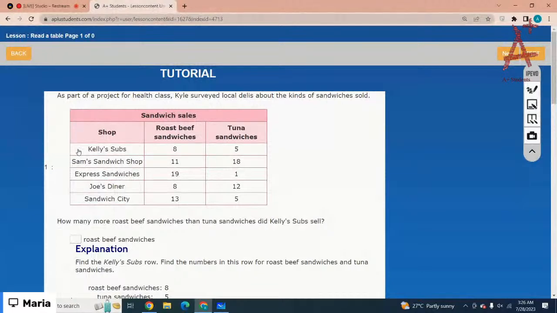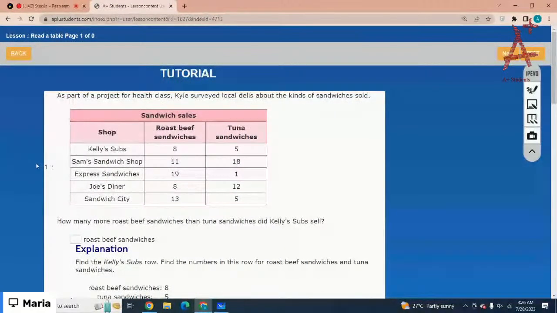As part of a health class project, Cal surveyed local delis about the kinds of sandwiches sold. Here is the table, the shops and the types of sandwiches they sell. How many more roast beef sandwiches than tuna sandwiches did Cal's Subs sell? Okay, so you have to look for the value.